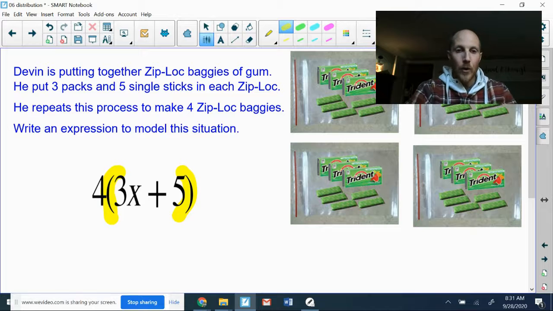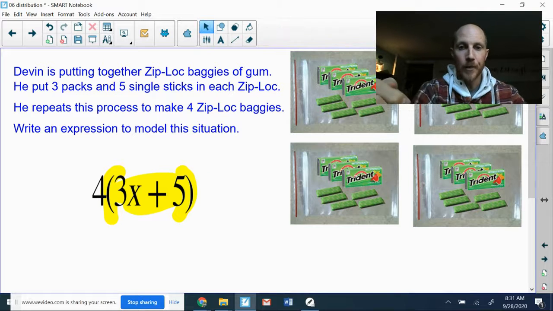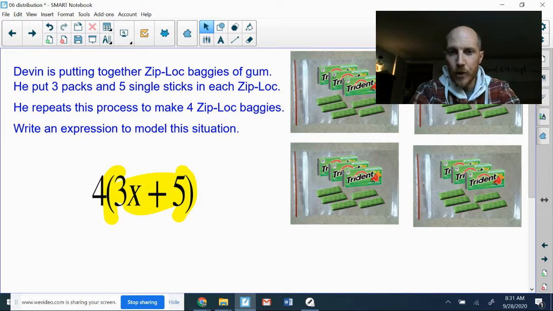So in this case, Devin made 4 Ziploc bags, and so I'm going to take those Ziploc bags right there and multiply by 4 because there's 4 of them. All right, well, how do I do that? Well, let's think about it. There's 4 sets of these, but each Ziploc has 3 packs in it.